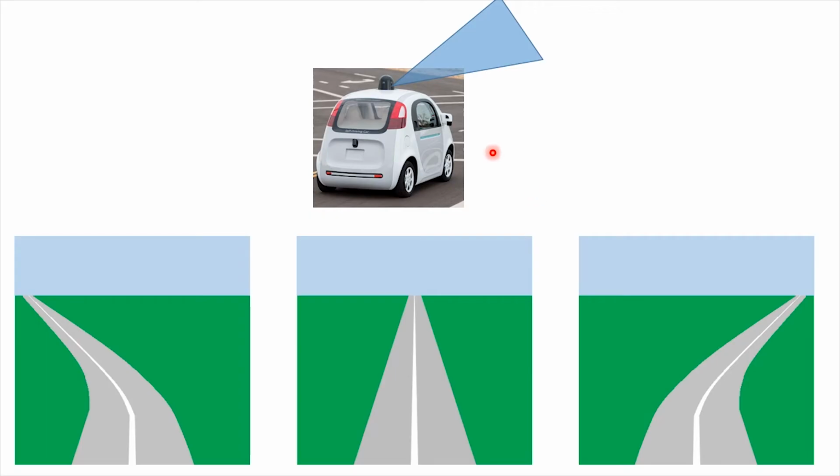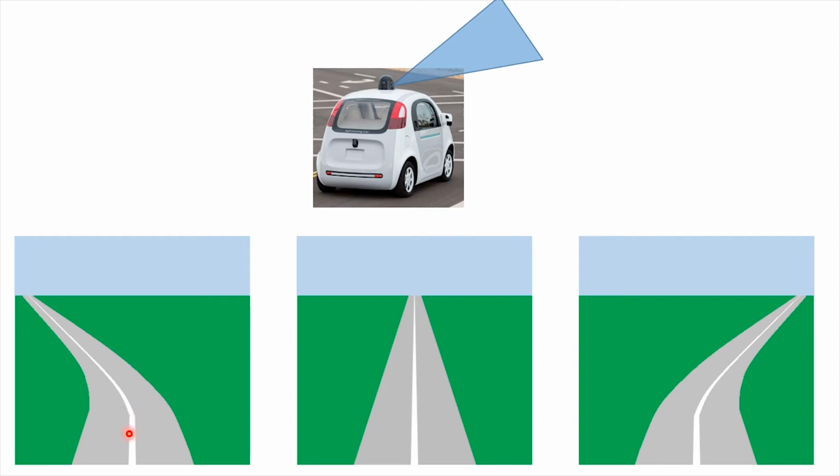Now we are going to see how all this translates into a more complex problem, such as self-driving. Here we have a good example. This is a car with a camera on top, which is capturing images. These are three examples of different scenes captured by the camera.